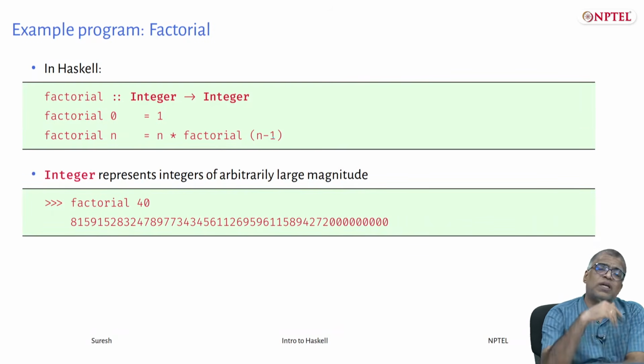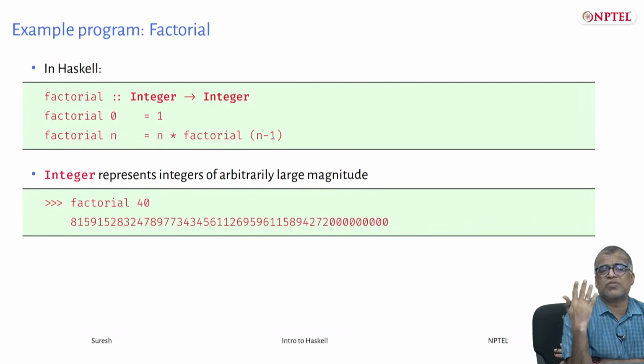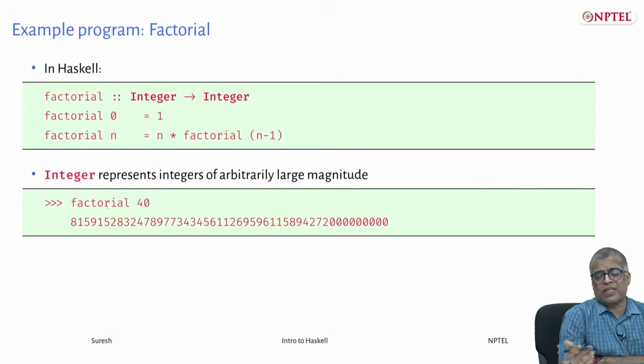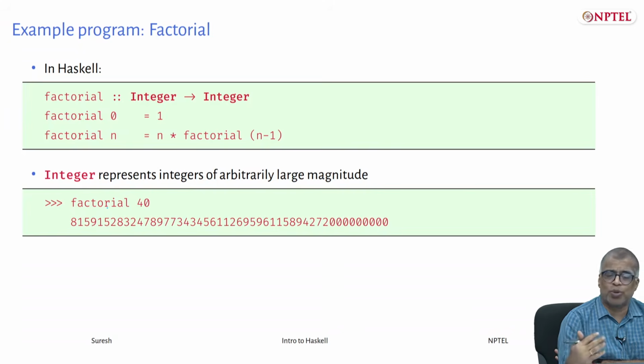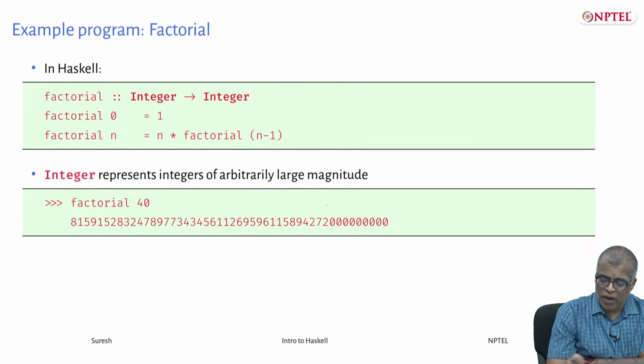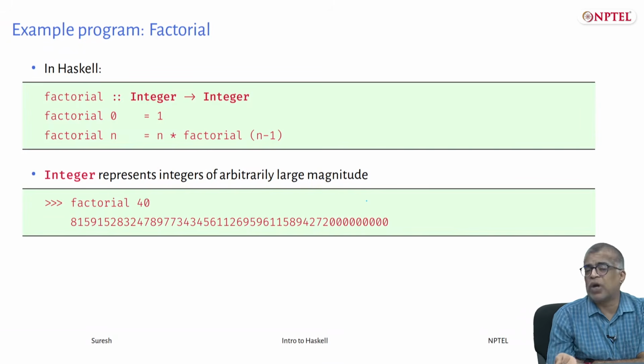Remember that I said that Integer represents integers of arbitrarily large magnitude, and you can actually, in Haskell, I'll show you this in a GHCi session later, invoke the function factorial on 40 and you will get the actual value, which is a large number that cannot fit inside 64 bits.